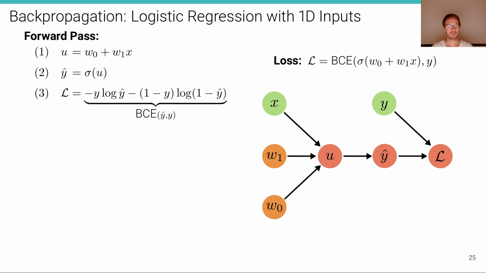Okay, so this was the forward pass. So let's look at the backward pass now. In particular, what we want to do in this case, and this is different from before, is calculate the gradients, but we're not interested in the gradients with respect to any variable in this graph. For instance, we're not interested in the gradients with respect to these green input variables here.